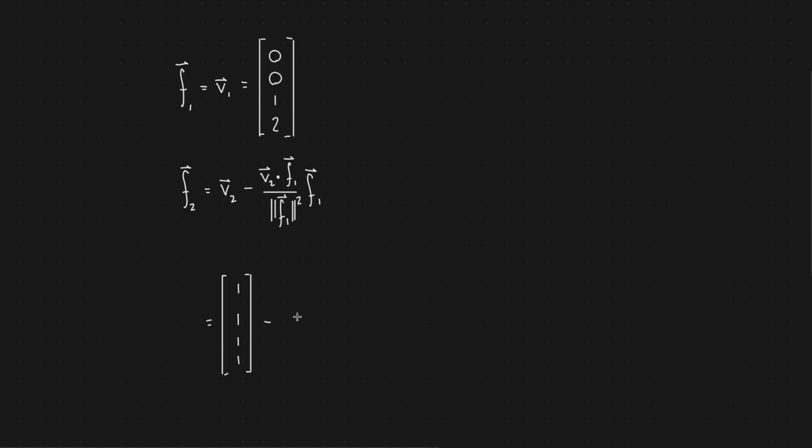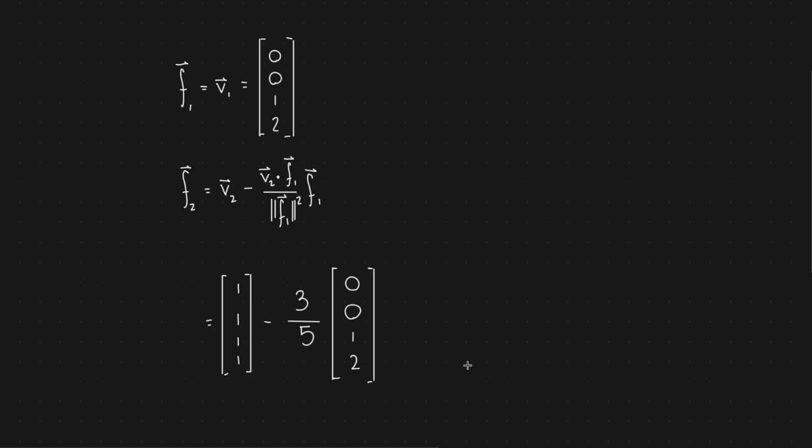So minus 3 over the norm of F1 squared. 0 squared plus 0 squared plus 1 squared plus 2 squared is 5. So the norm of F1 is square root of 5. Squared is just 5, which gets rid of that square root. So I get 3/5 times vector F1, which is 0, 0, 1, 2.